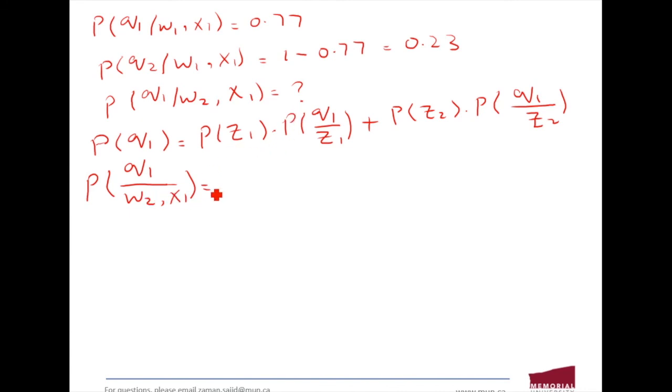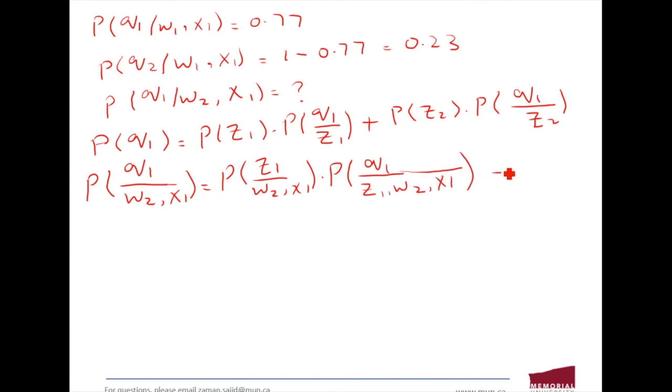So that one will be equal to the probability of Z1 given that W2 and X1, times the probability of my Q1 given that Z1 and W2 and X1, plus the probability of Z2 given that W2 and X1.